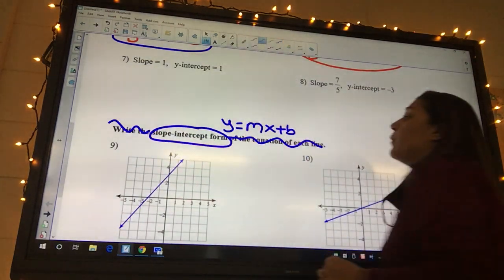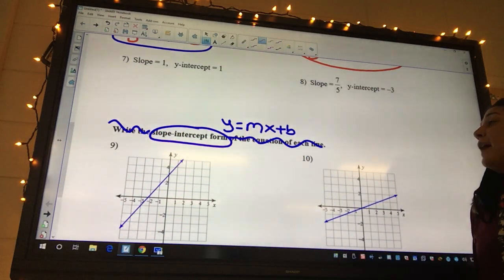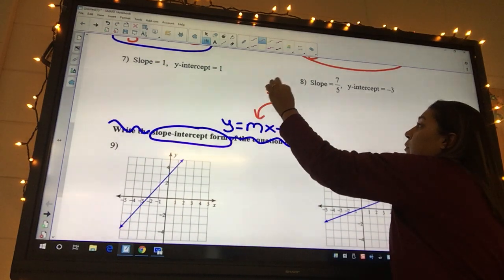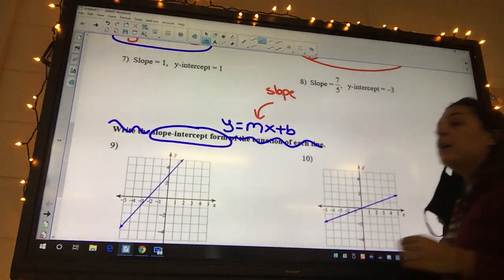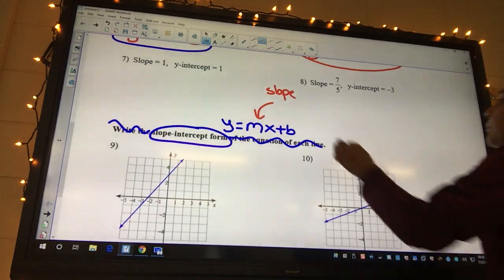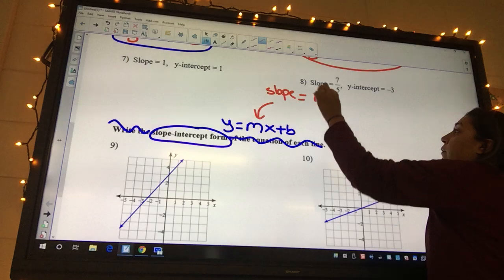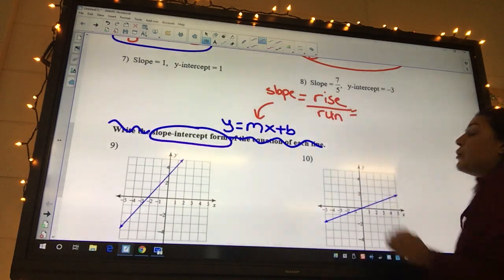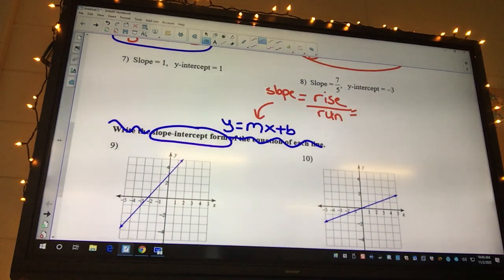So this is slope. When we have a graph, slope is rise over run. When you think of a sunrise, what's happening? Rising. Another word is going up.